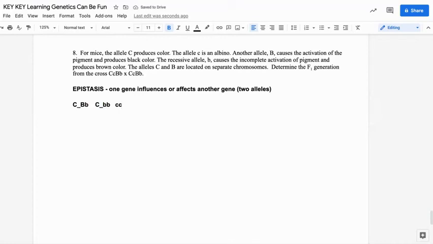This would be albino, because you need this dominant allele to allow for this pigmentation to be formed. Okay? So as long as you have one big dominant C allele, you will then have the expression of the pigmentation produced by the B alleles.